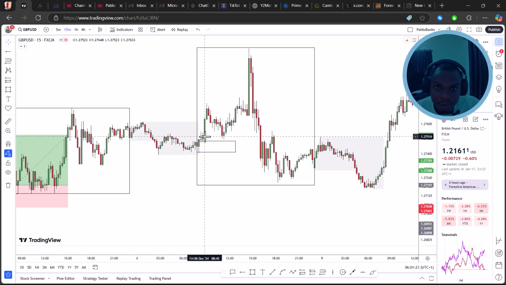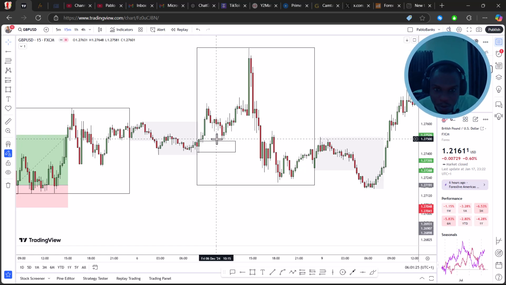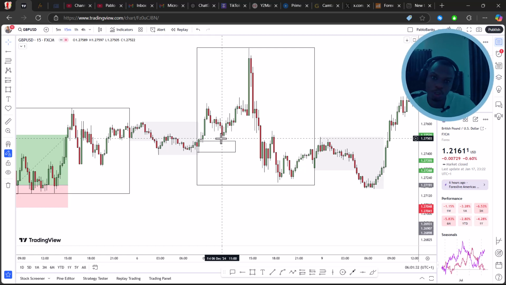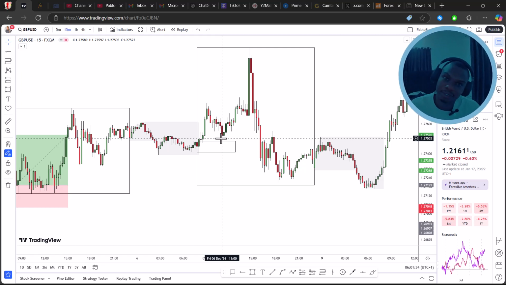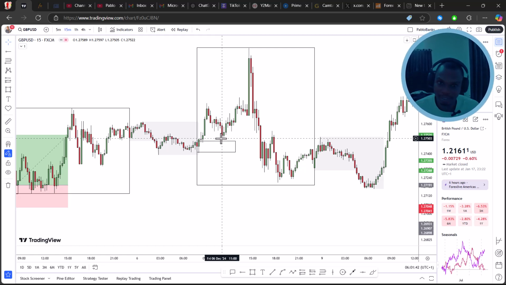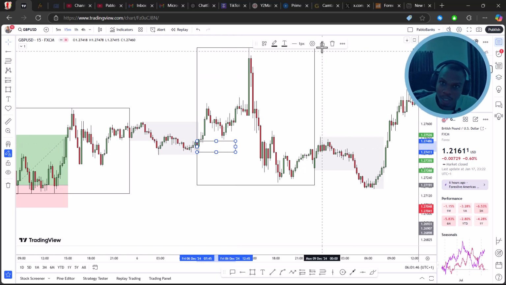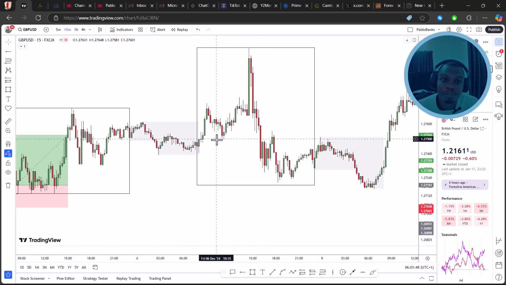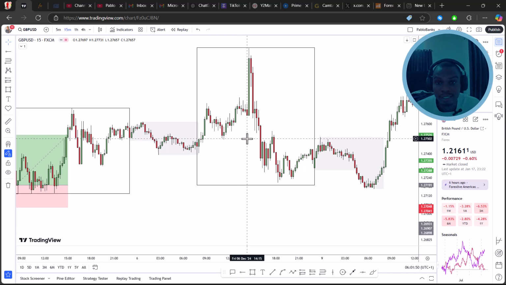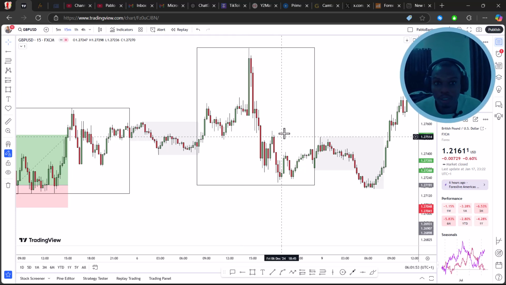So from 8:45 till 11 in the afternoon, let me just call it mid London, it came back. It is the entry. So it's kind of shady, because I don't like waiting long for price to trigger my entry. I don't like it to be in and out fast either. So if you're taking this point of interest, it's going to be a 50-50 chance on the direction and or stop loss.